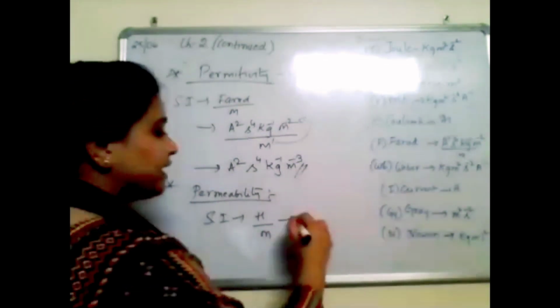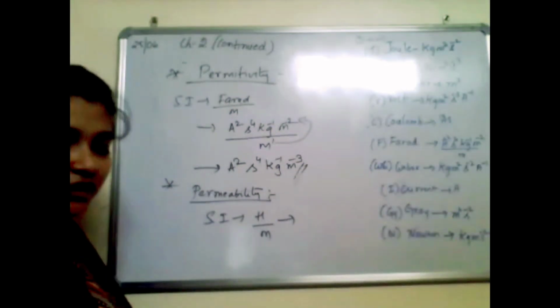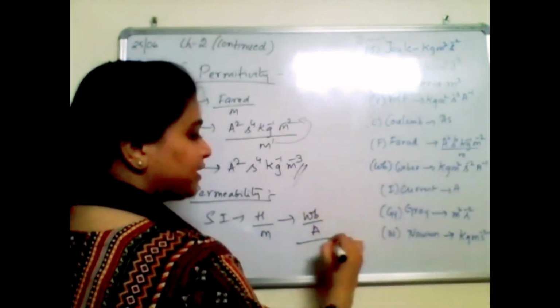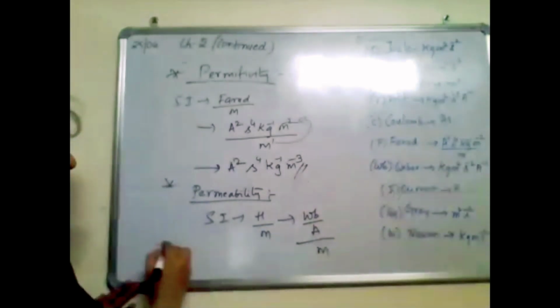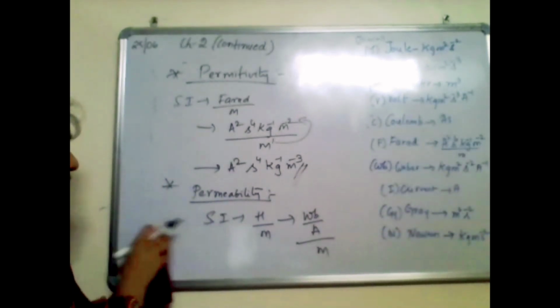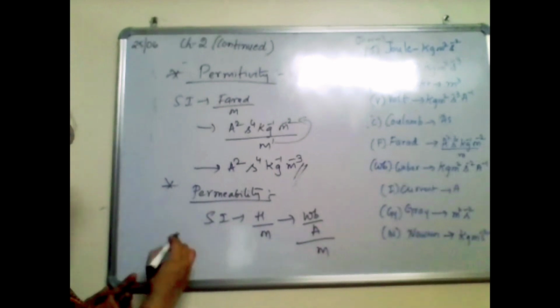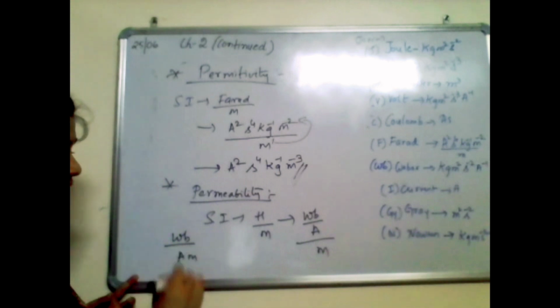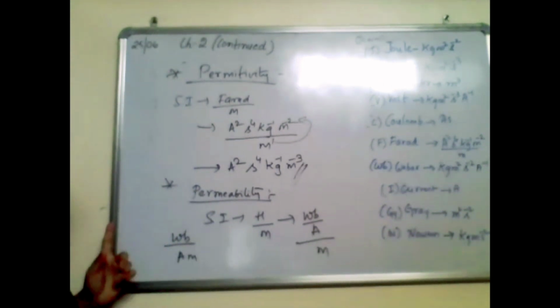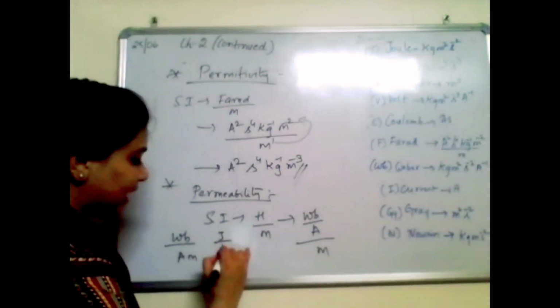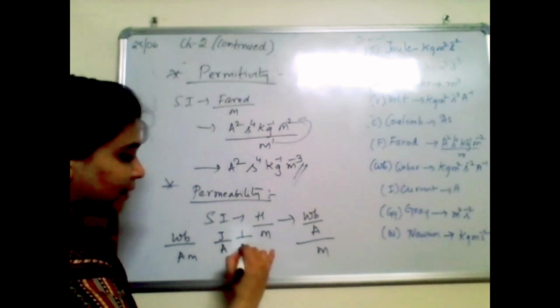What is Henry? Yesterday we studied. Henry is Weber per ampere divided by meter, so it becomes Weber divided by ampere meter. Now what is Weber, children? Weber is nothing but joule per ampere, divided by ampere meter.